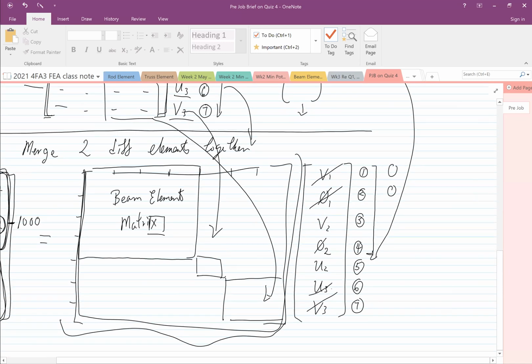It has the degrees of freedom, but due to the boundary condition, I lock them. In theory, it's allowed to move, but because of the boundary conditions, I lock them. And I love zeros. You know, you reduce the matrix.